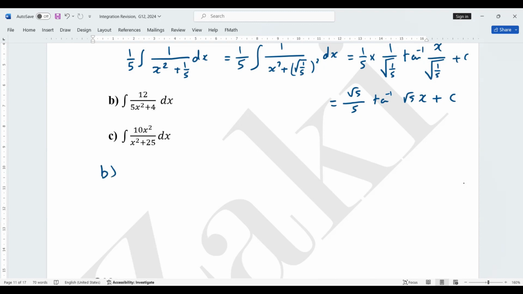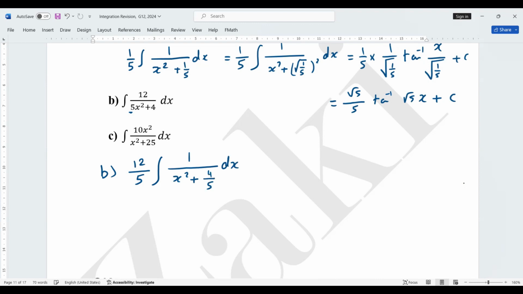Look, we take 12 outside and we take the number beside x squared as a common factor. We take it outside. Then we write this as 12 over 5 integration 1. From 5x squared, we take 5 outside, so it's x squared, and the plus, we divide by 5, 4 over 5 dx.